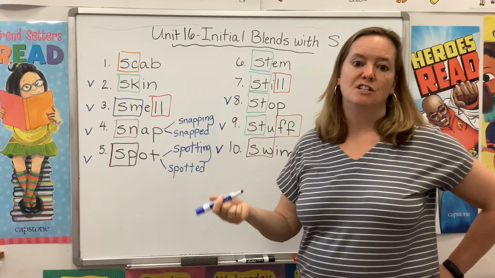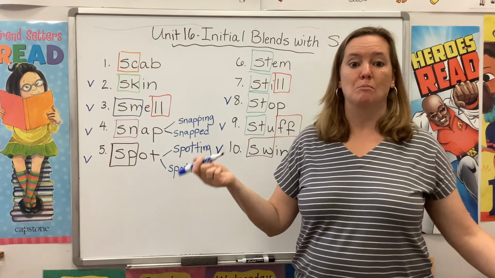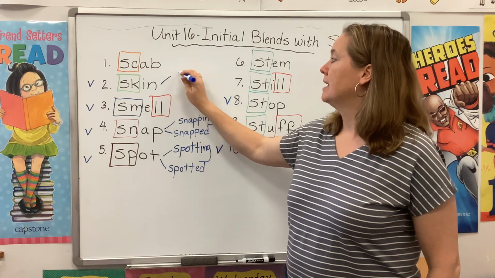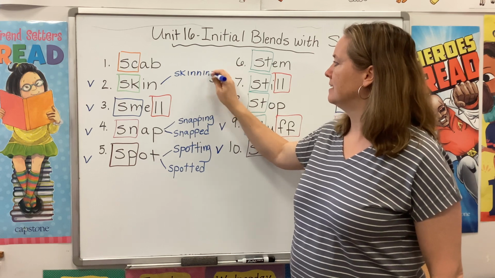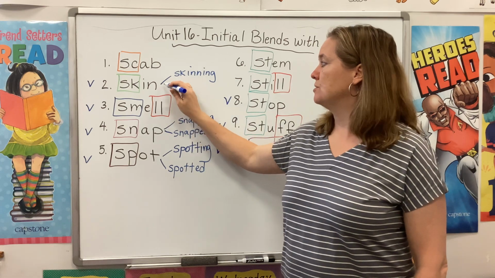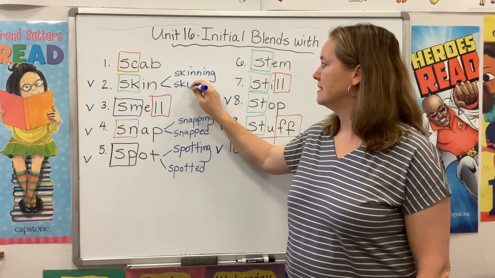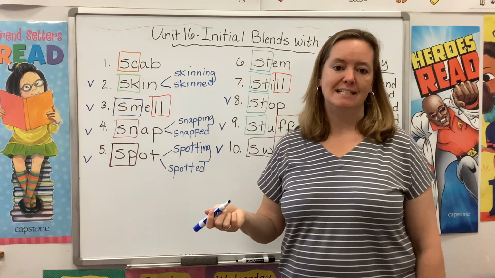If I want to change skin to skinning, like I keep skinning my knee, this time I have to double the N consonant. There's skinning. And if I wanted to change it to skinned, I would double the N and add ed.